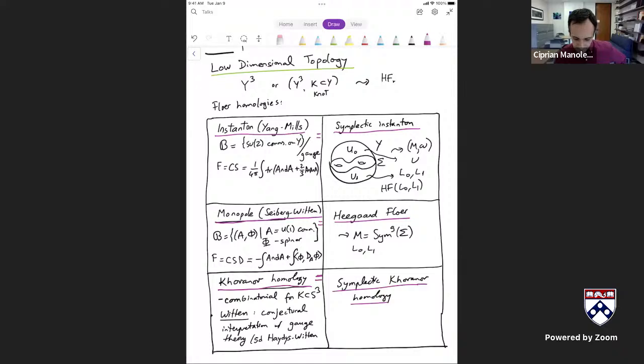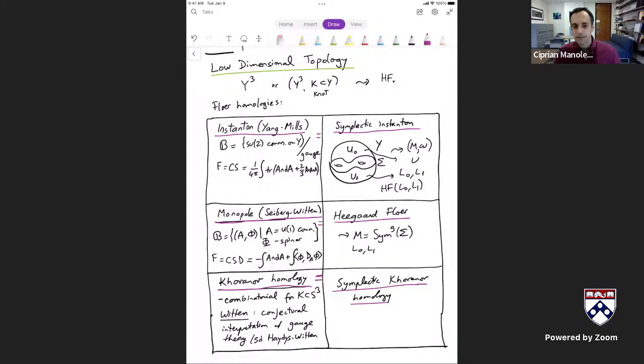For example, in Heegaard Floer, we have this moduli space, like the symmetric product, which is sort of a moduli space of vortices, but not exactly. But L0 and L1 are just defined by hand from a Heegaard diagram, and people don't know if they are actually the spaces of Seiberg-Witten equations on the handlebodies, the moduli spaces from the handlebodies.